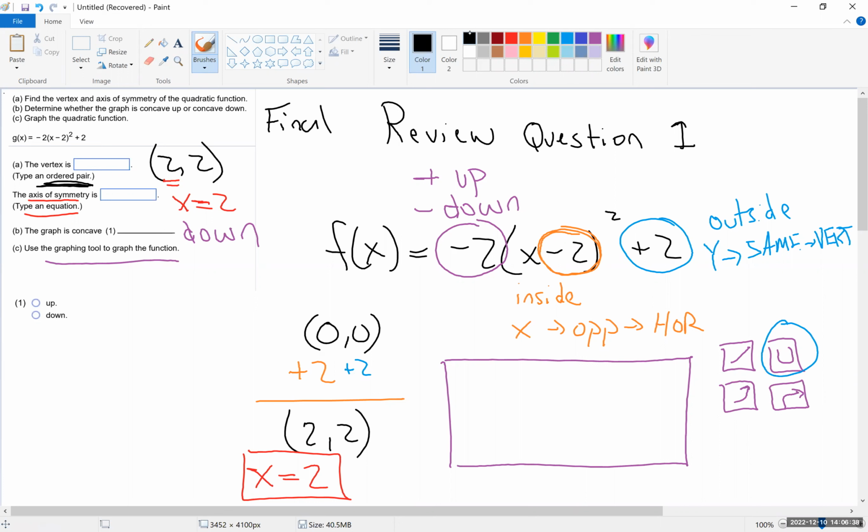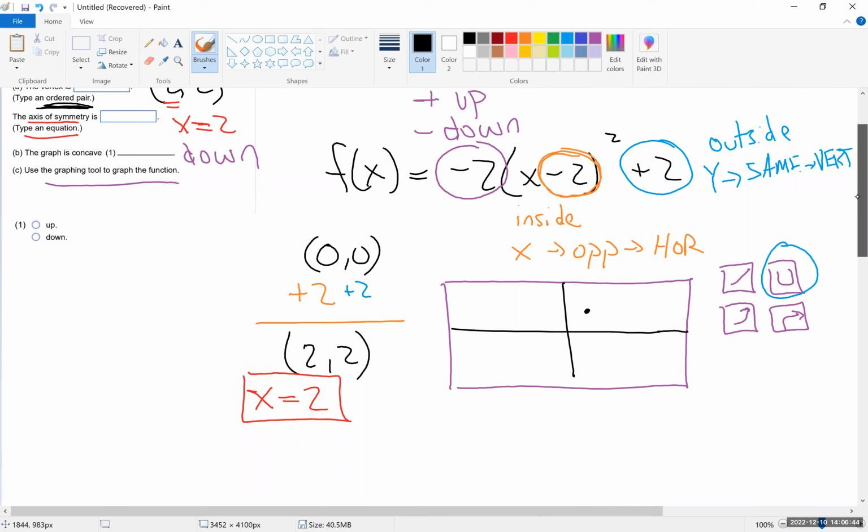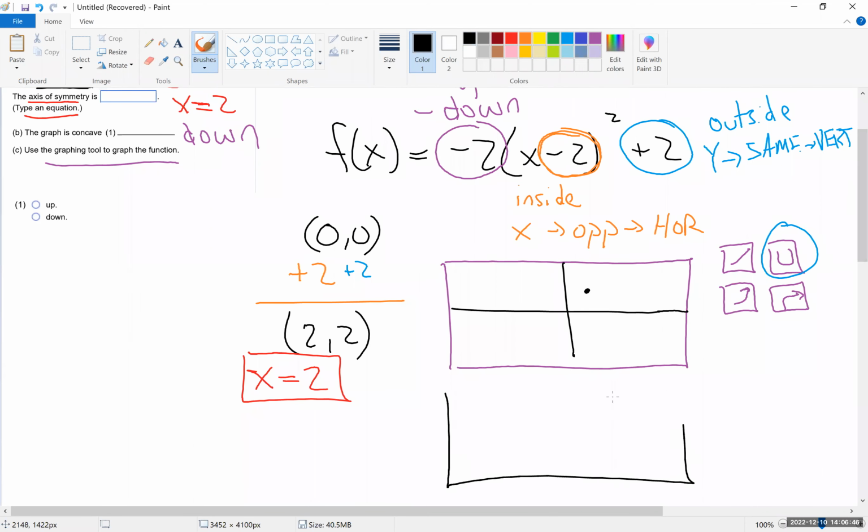Then you can put your cursor anywhere you want, because after you do, it comes up with a box with the shifts. It'll say horizontal shift, vertical shift.